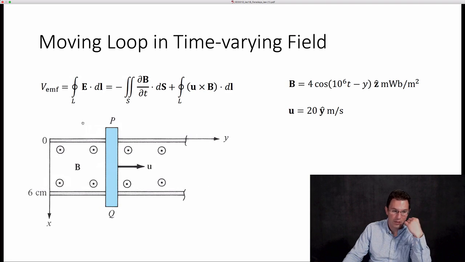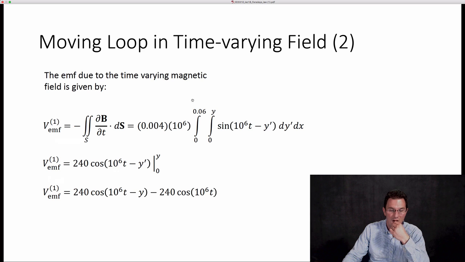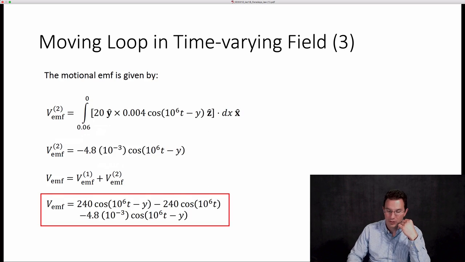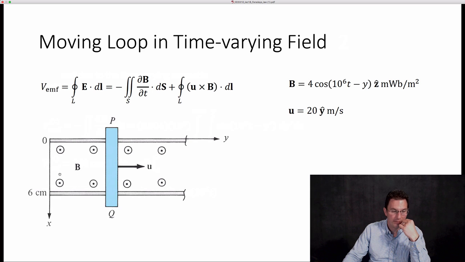That doesn't change with time. So we just integrate over that x from 0 to 6 centimeters. That's what we were doing here. And then we're integrating over the y direction, this direction here, from y equals 0 up to y.